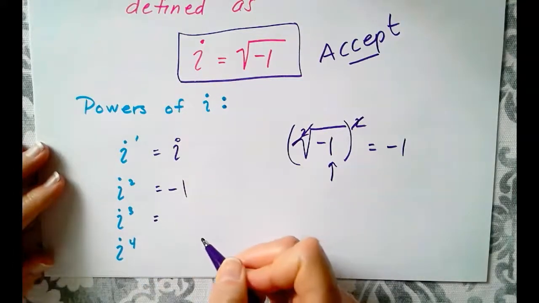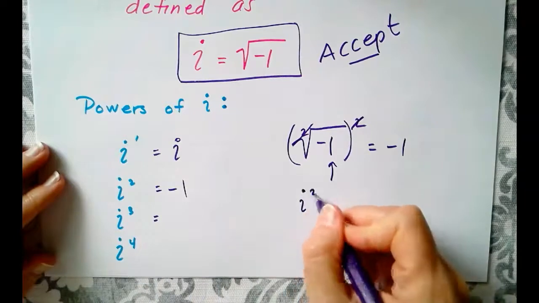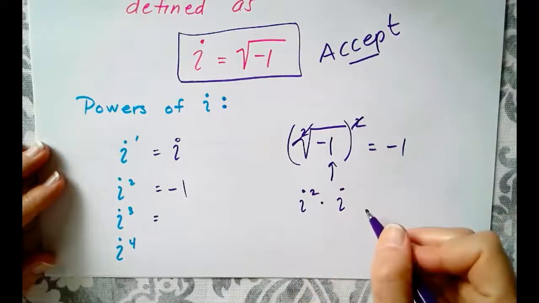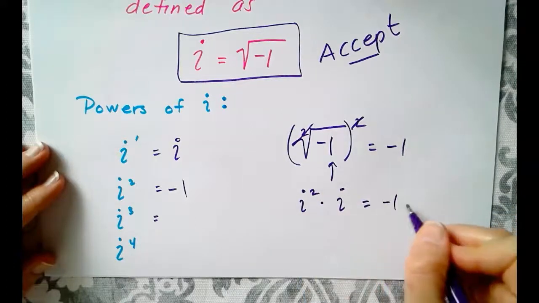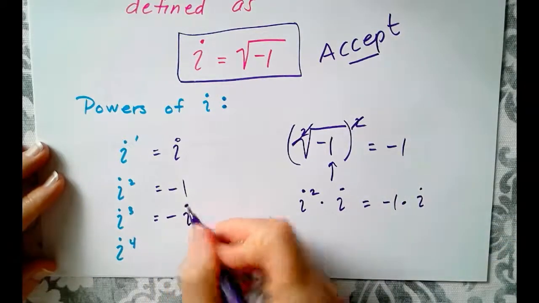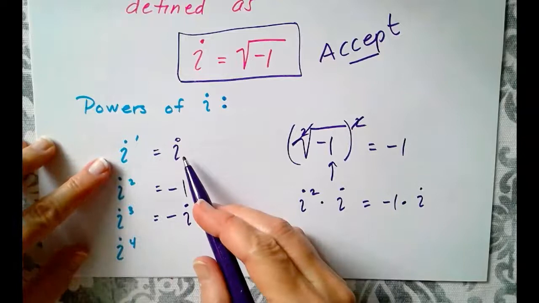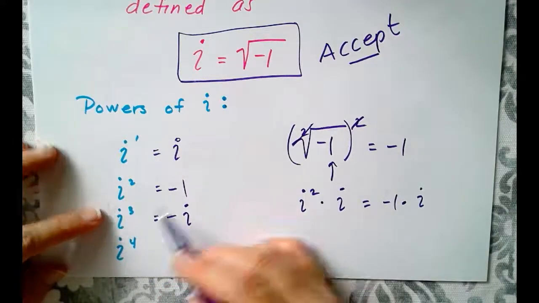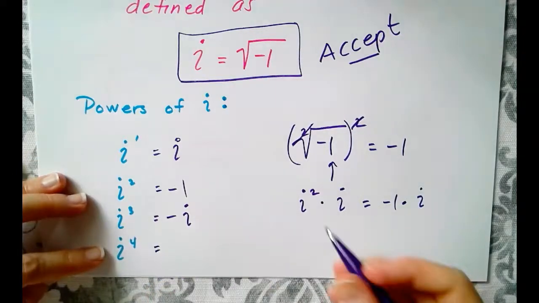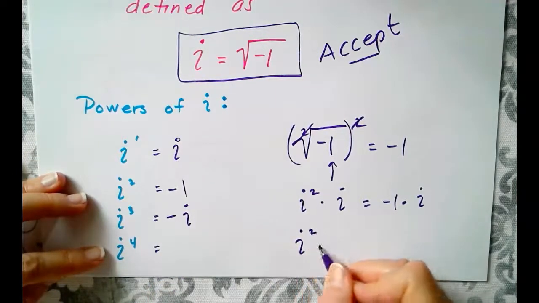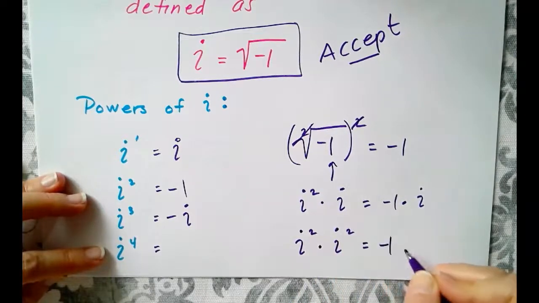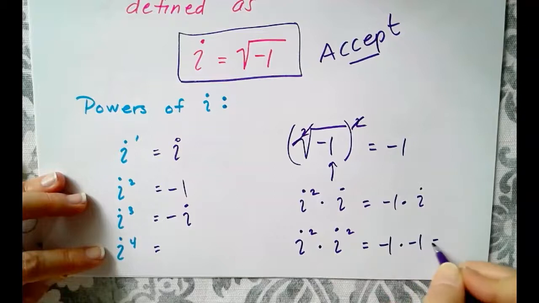i to the third is i squared times i. And if i squared is equal to negative 1, then negative 1 times i is equal to negative i. So i to the first is i, i squared is negative 1, i to the third is negative i, and i to the fourth is equal to i squared times i squared, which by substitution would be negative 1 times negative 1, which would be 1.